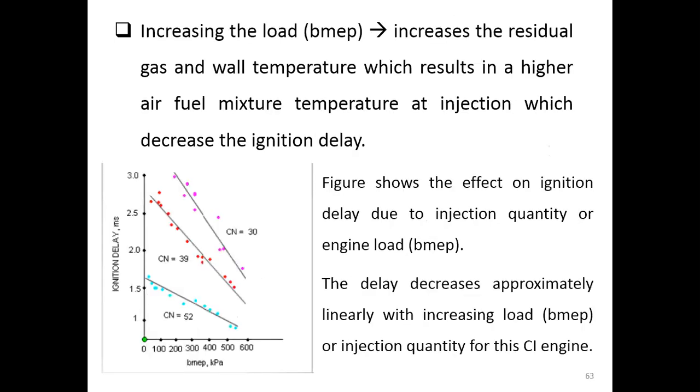If we increase the load, that means our BMEP, the brake mean effective pressure, increases. It means we increase the residual gas and also increase the wall temperature. By increasing the residual gas and the wall temperature, this will result in a higher air-fuel mixture temperature during injection, so it will help decrease the ignition delay.